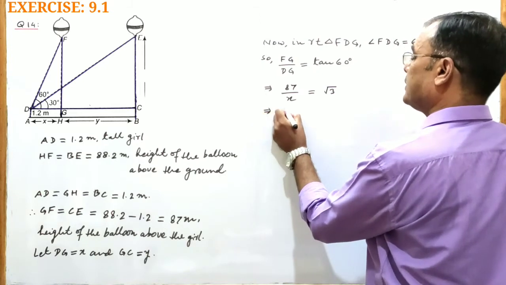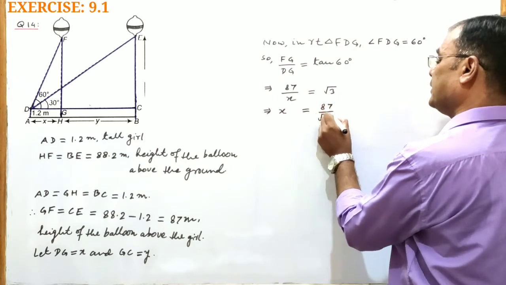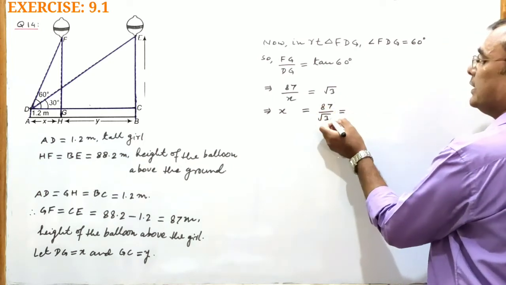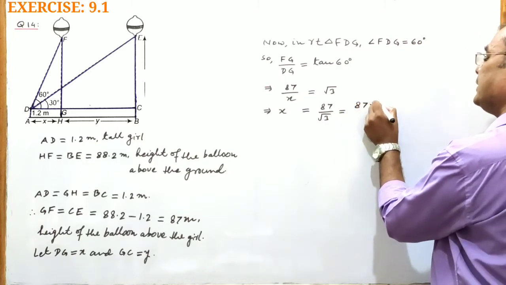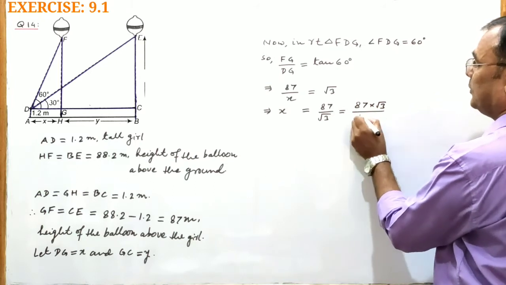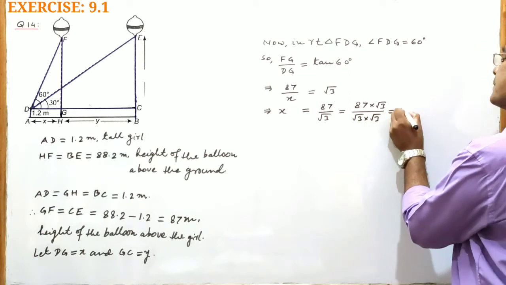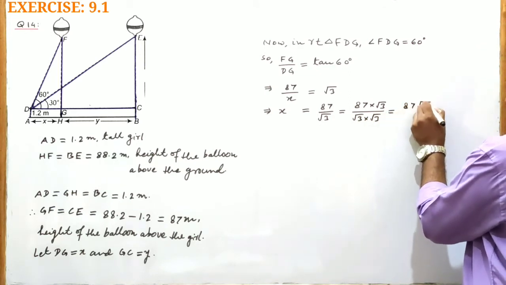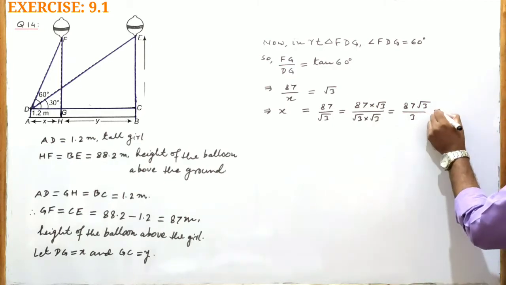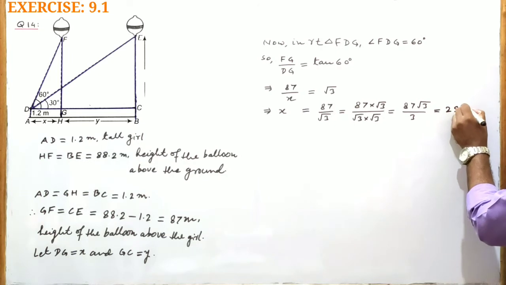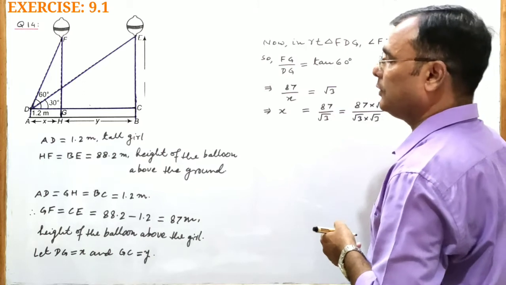This implies x equal to 87 by root 3. If you rationalize the denominator here, it will be 87 into root 3 by root 3 into root 3. So 87 root 3 divided by 3, which is equal to 29 root 3. So the value of x we have got is 29 root 3.